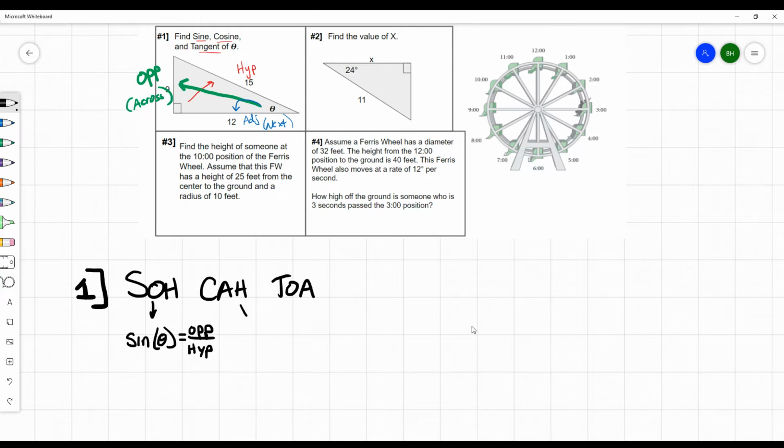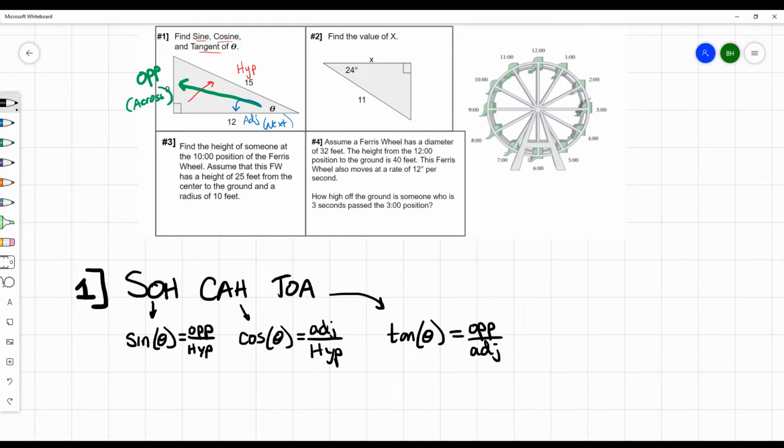CAH is cosine of theta, the adjacent side over the hypotenuse. And TOA is the tangent of theta, the opposite over the adjacent. Now all we have to do is plug in the numbers that we have.